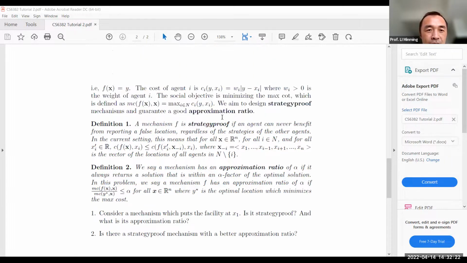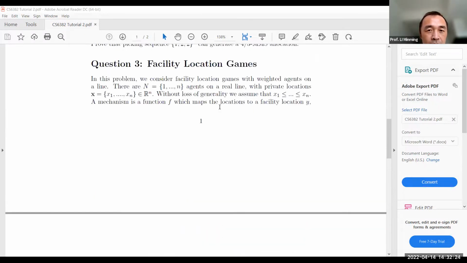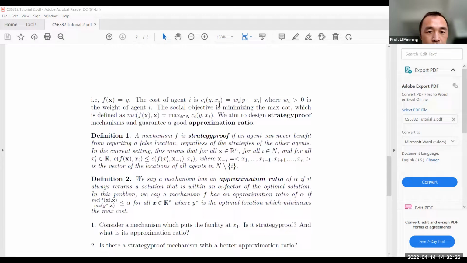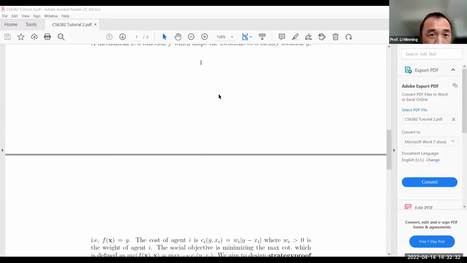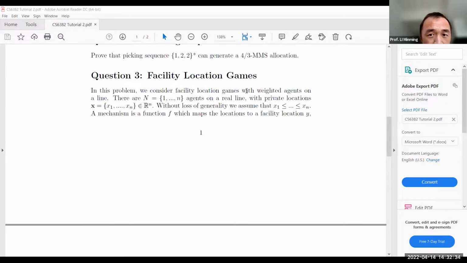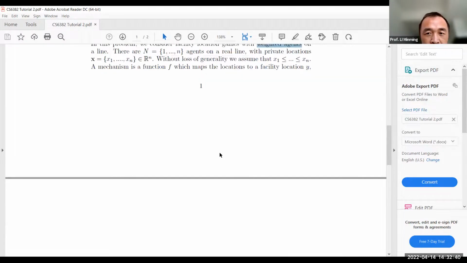Yeah, so I guess I forgot something in the description here, all right? In the general setting, it is indeed true, all right? Let me just see the description again. Yeah, you see that you have weights. It's weighted agents, right?